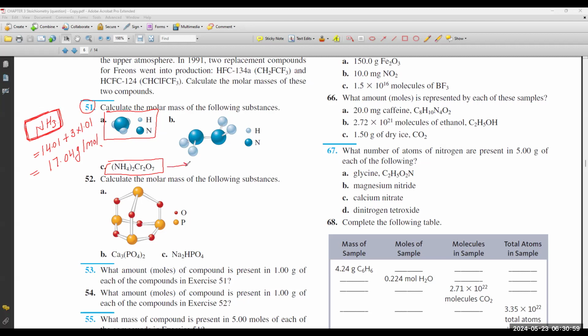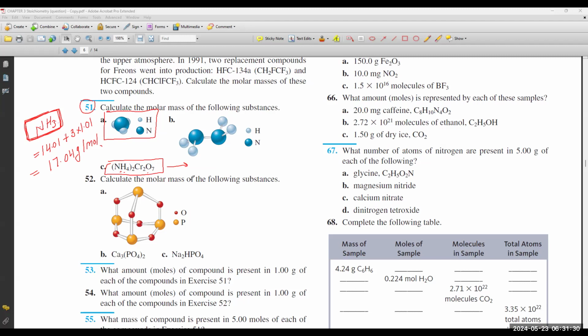Can you name this compound? Look into your polyatomic ion list. Check nitrogen atom, polyatomic ions of nitrogen atom. What's the name of this? This you can see in the last, chromate and dichromates. Yes, this is ammonium and this is dichromate. So what's the name? Oh, no, diammonium. It's an ionic compound, Mayank.